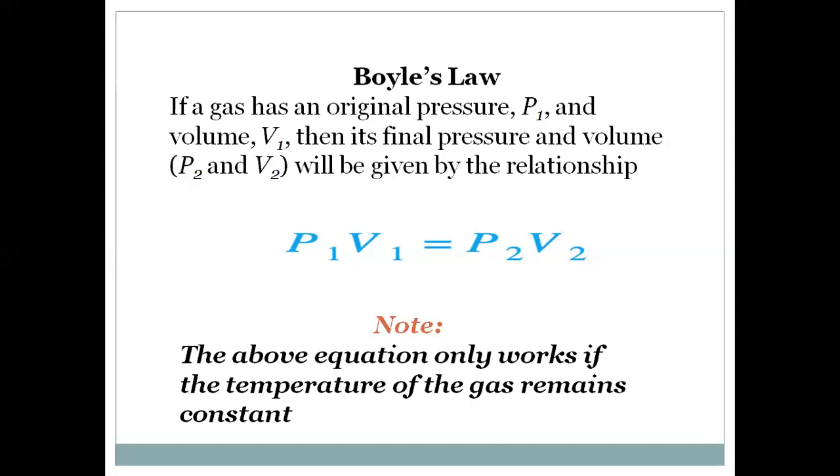This equation only works if the temperature of the gas remains constant. The relationship between pressure and volume is inversely proportional. The product P1V1 is equal to the product after, P2V2. But this formula works only if the temperature is constant.